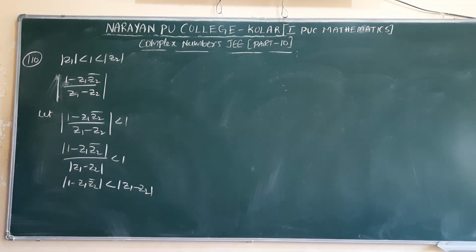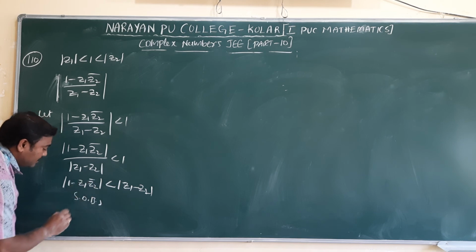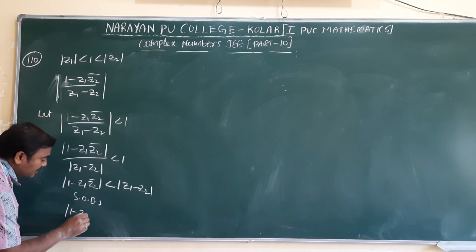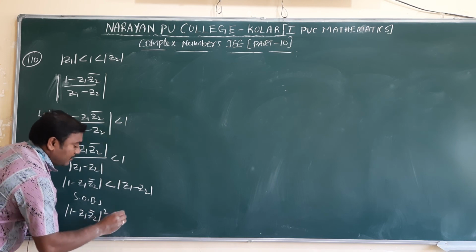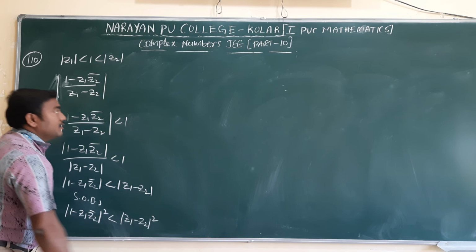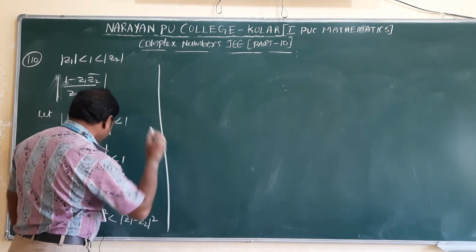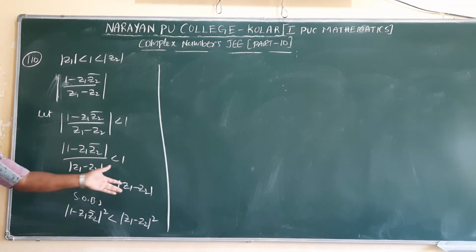Now applying squaring on both sides, modulus of 1 minus z1 into z2 bar whole square is less than modulus of z1 minus z2 whole square. Here we know that modulus of z square value is z into z bar.